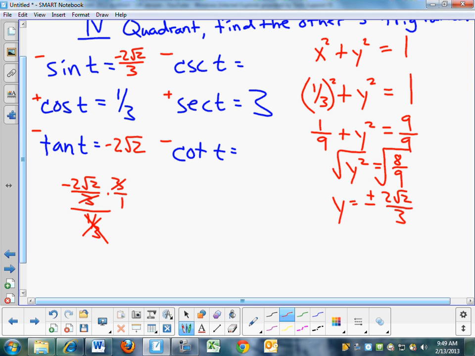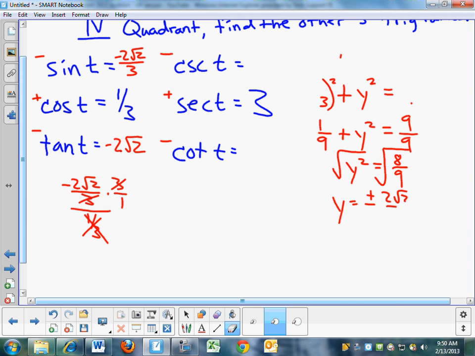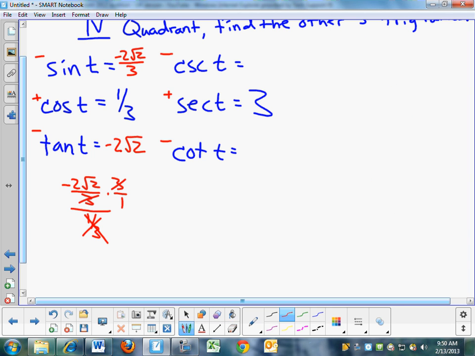All right. Cosecant, how do we get that? We've got to flip sine, right? Okay, let's flip sine. So we would have negative 3 over 2 square roots of 2. What do we have to do? Multiply top and bottom by a square root of 2. Negative 3 roots of 2 over 4. Very good.